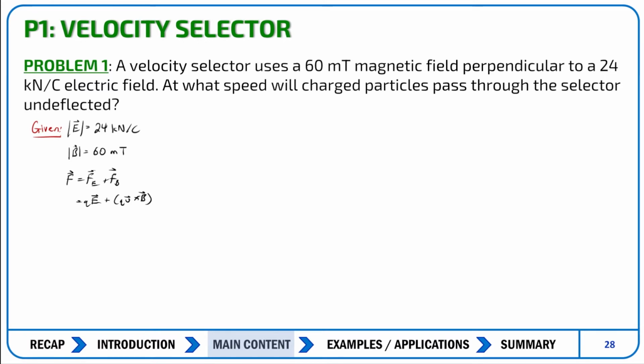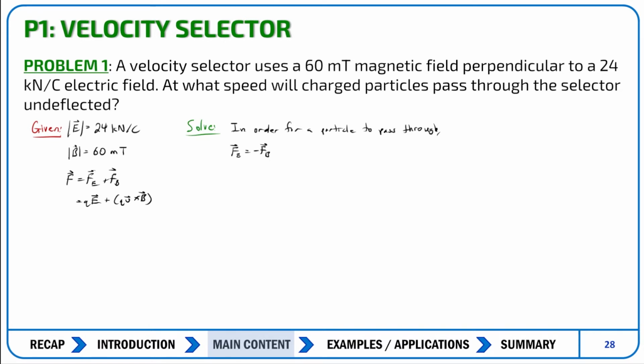So in order for a particle to pass through, we have to set two things equal to each other. Fe must be equal to negative Fb.